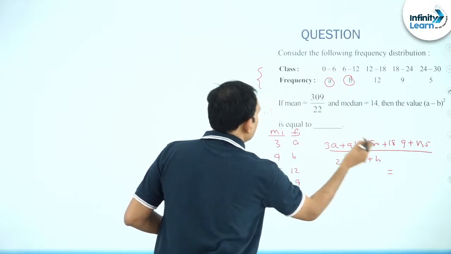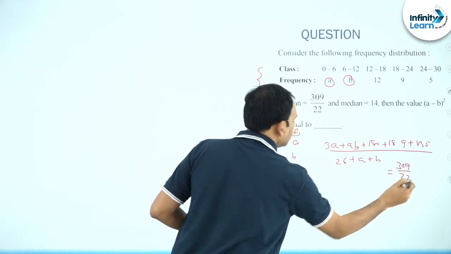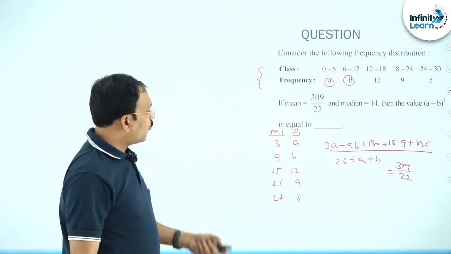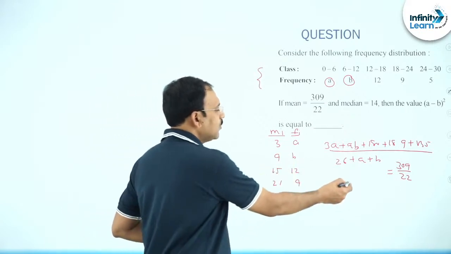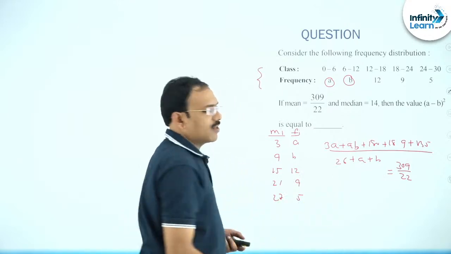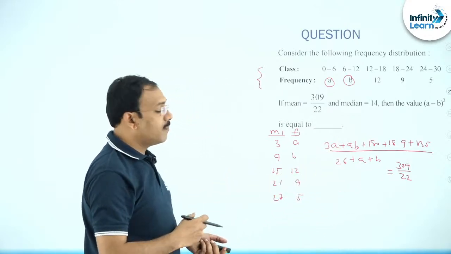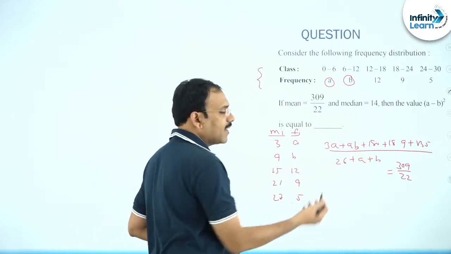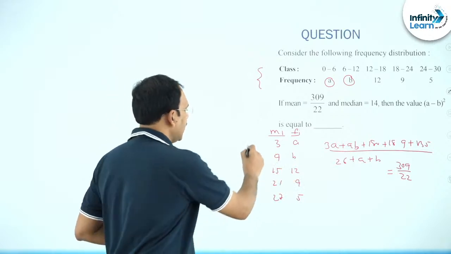You just make it equal to 309 by 22. Since it is an integer, 22 is not directly getting cancelled, maybe if you double it to 44, you may get a plus b. If not, you will get one equation in a and b, that is very clear.